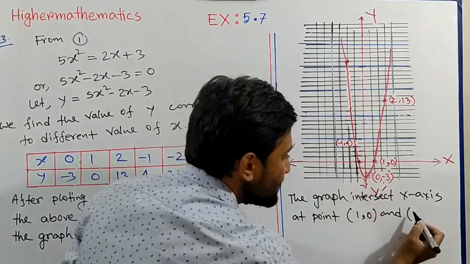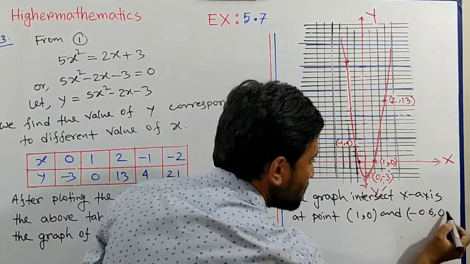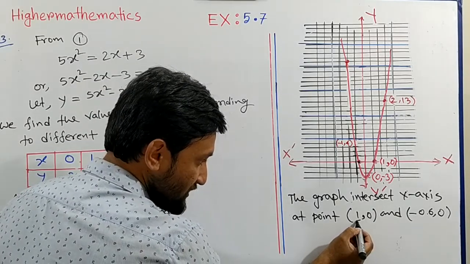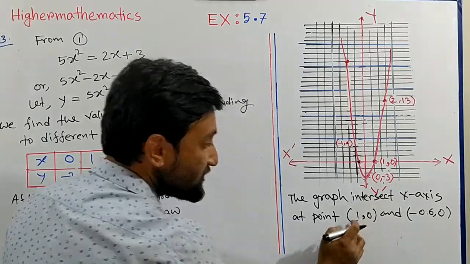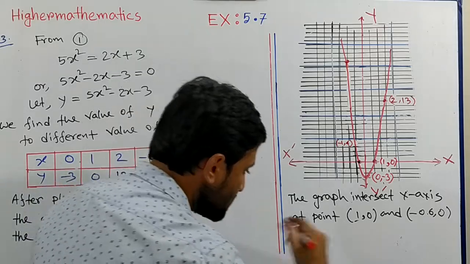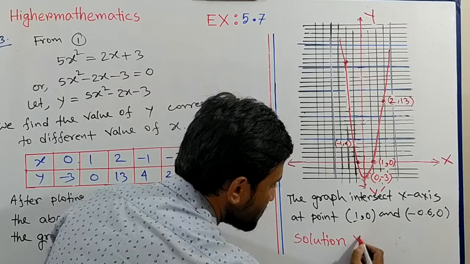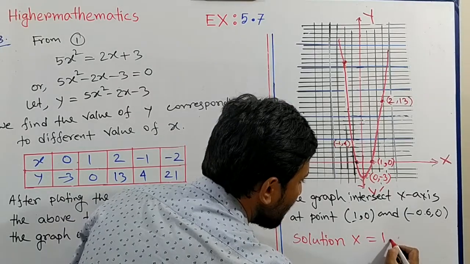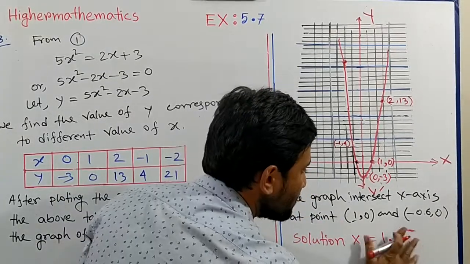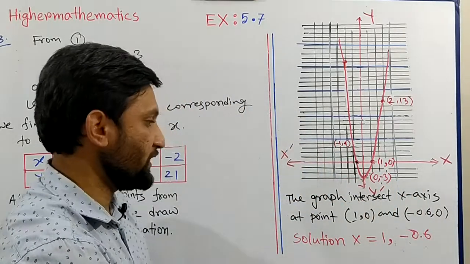That means this is −0.6, and here on the x-axis y is 0. So the coordinate point of x is here. That means the required solution of this equation is x equals 1 and the other value is −0.6. I hope everybody is clear.